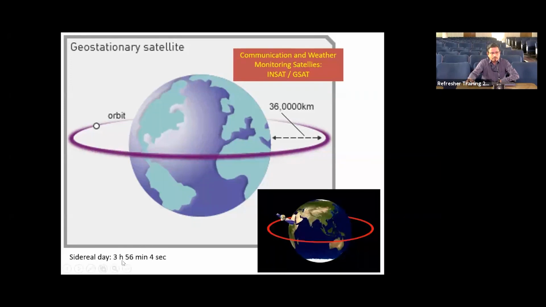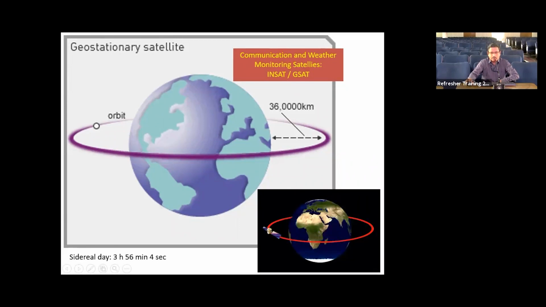There is an error here. This is a 23 hours sidereal day. We call it 23 hours, 56 minutes, 4 seconds for the Earth to complete one cycle. Similarly, any object placed in this orbit takes the same time to complete one orbit. That means the satellite can stay stationary with respect to any part of the Earth.